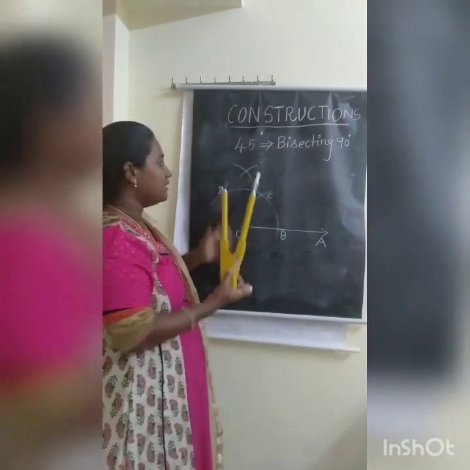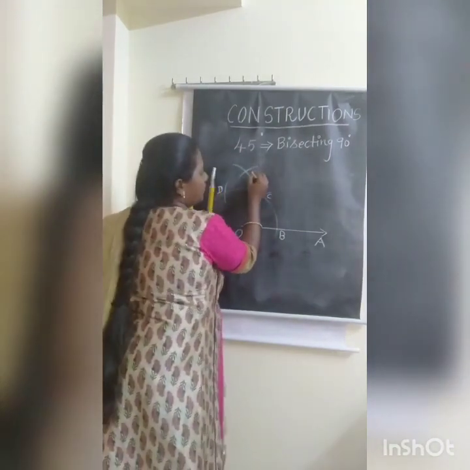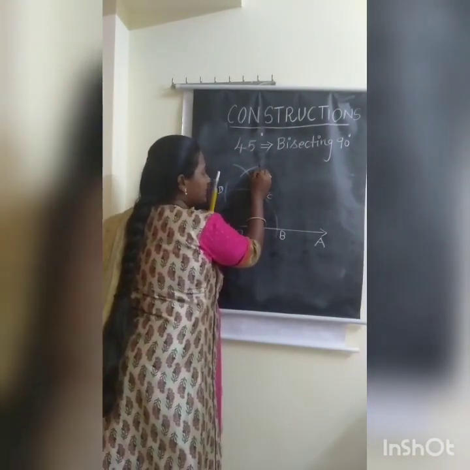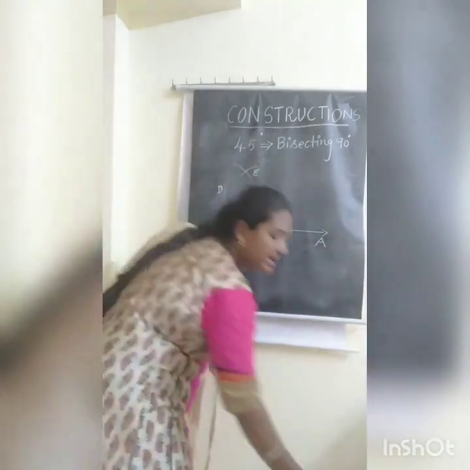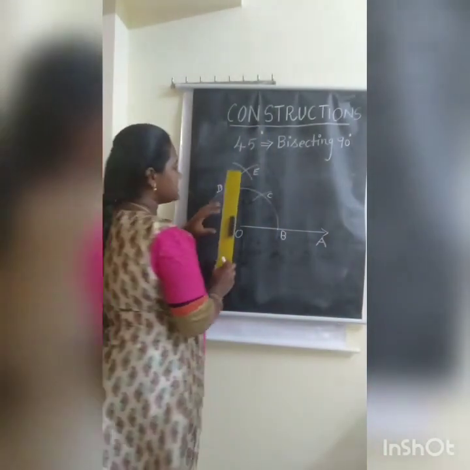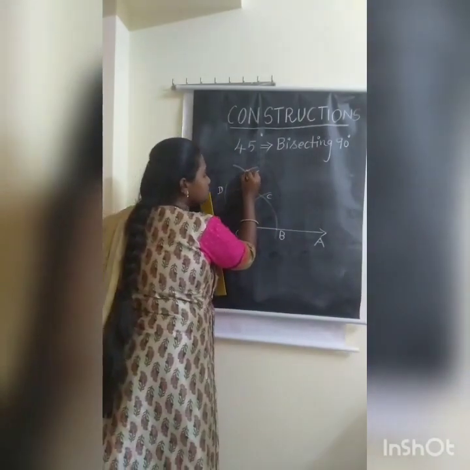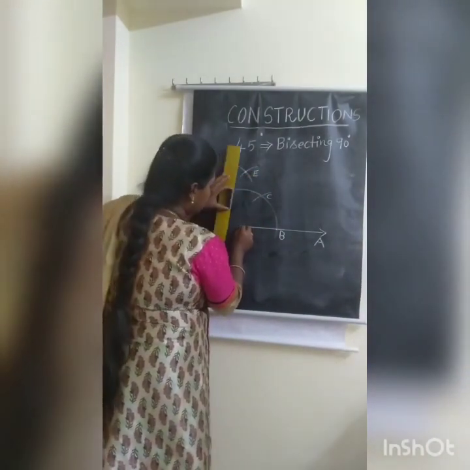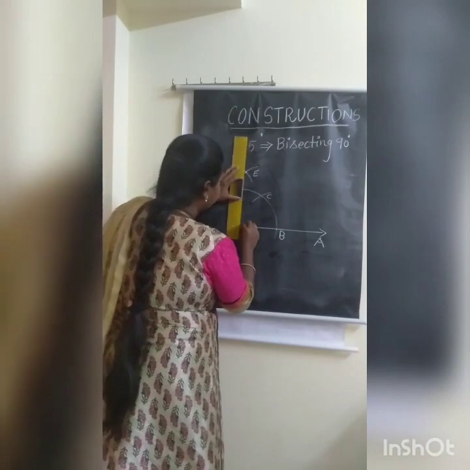Now I got a fresh intersection point which I am going to mark as E, and this will produce 90 degree. I am going to join this point and this point, which gives me 90 degree.